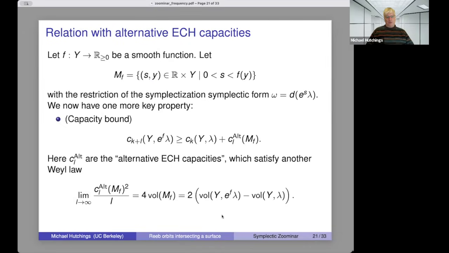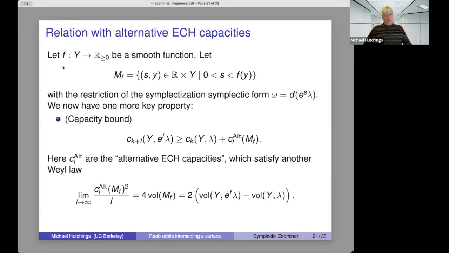Now, sorry, but we have to talk about yet more invariants here. There are also some 4-dimensional invariants of 4-dimensional symplectic manifolds, which I call the alternative ECH capacities. And these are related to the spectral invariants of 3-manifolds as follows.